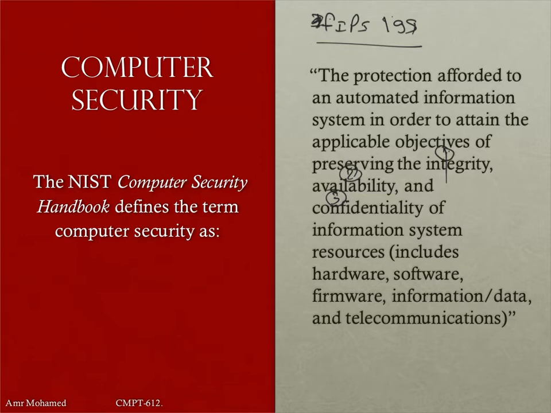They call them the CIA triad, or the three pillars of any security system. We'll talk about them over and over. So these are the fundamental objectives that have to be achieved in order for your system to be protected against any attacks. Okay? And this, go ahead.